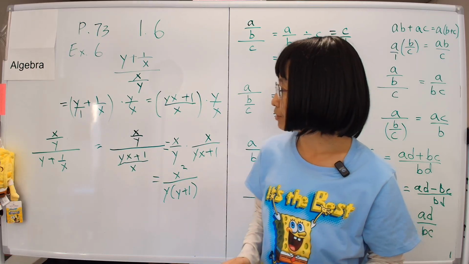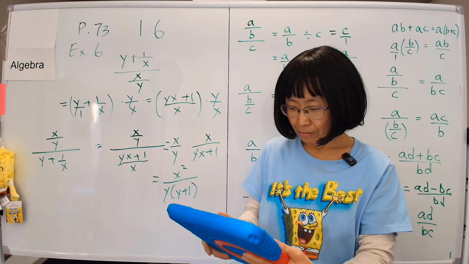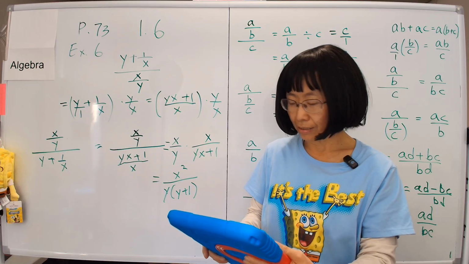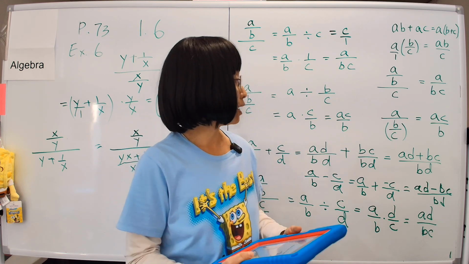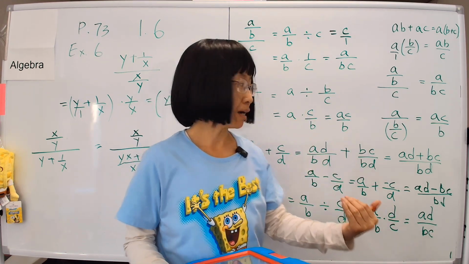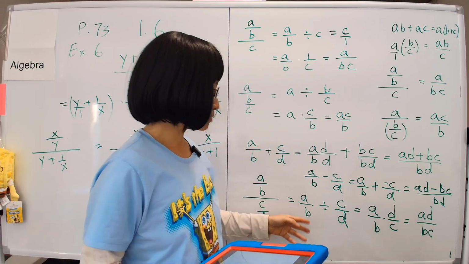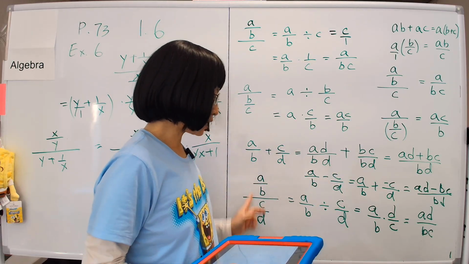And with that, we have come to the end of this section. This section is completely dependent on you knowing how to do factoring and knowing all the algebraic rules that you learned in pre-algebra, and very specifically how to add fractions and how to divide by fractions.